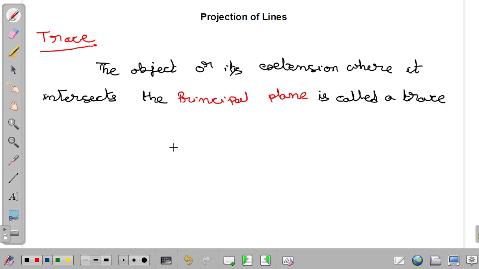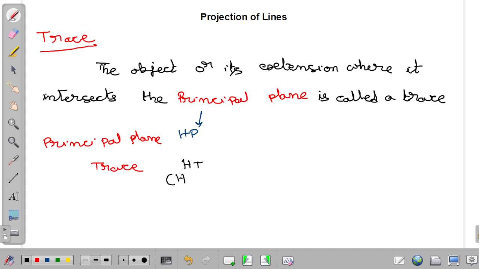Sir, if that principal plane is HP, then the trace is called HT.